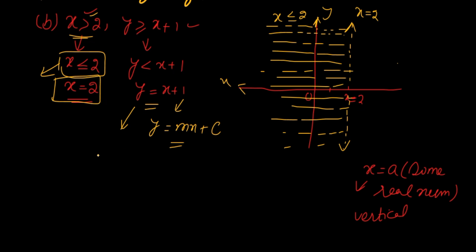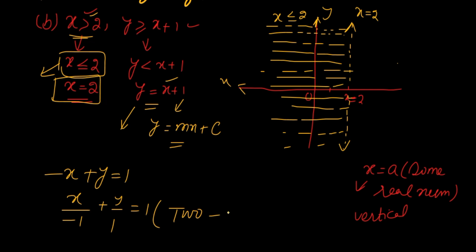So this line can be written, by shifting x to the left side, as minus x plus y is equal to 1. This can be written as x over minus 1 plus y over 1 equal to 1. This is called the two intercepts form of a line.